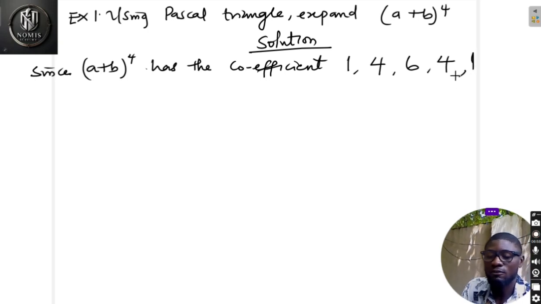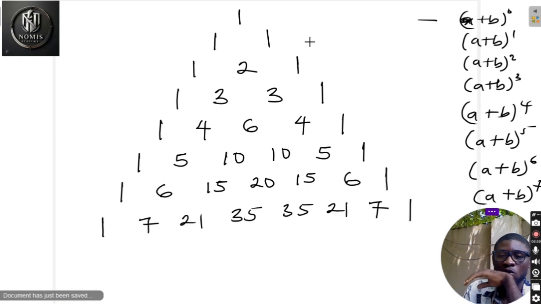If you watch carefully and take your time to study, when it is 0, 1; when it is 1, 1, 1; when it is 2, 1, 2, 1; when it is 3, 1, 3, 3, 1; when it is 4, 1, 4, then 6, then 4, then 1. Where did I get this 6? 3 plus 3 gives me 6. Then 4 will come next again, then 1.